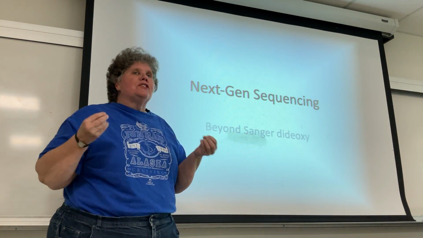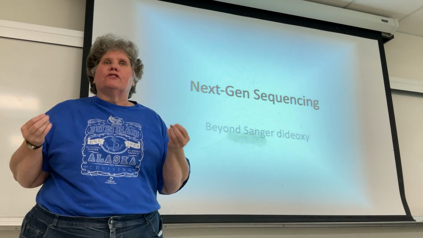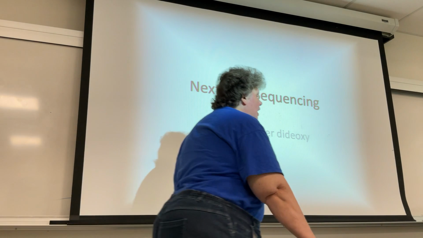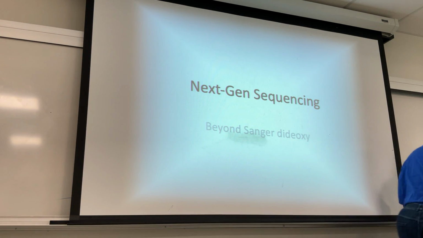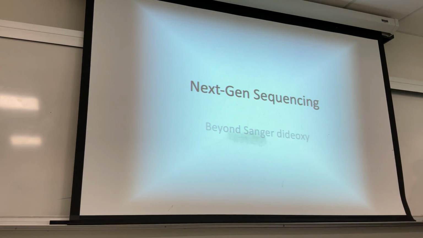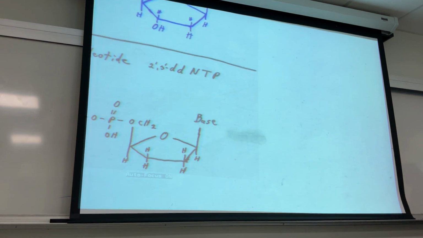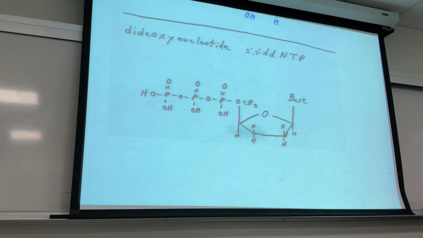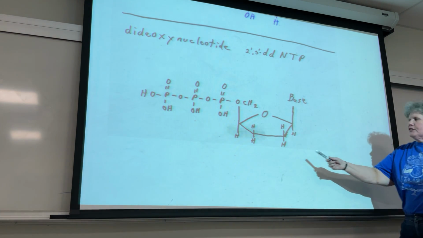And so the basis of Sanger dideoxy sequencing is that some of the bases that are added specific to each reaction are dideoxy nucleotides. So in addition to regular nucleotides in sequencing, some of them are dideoxy nucleotides.